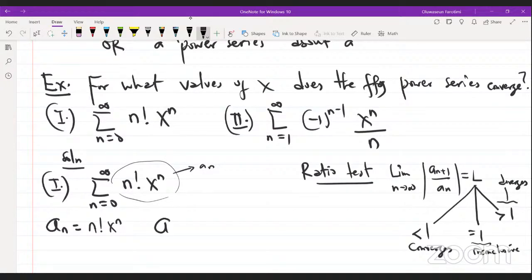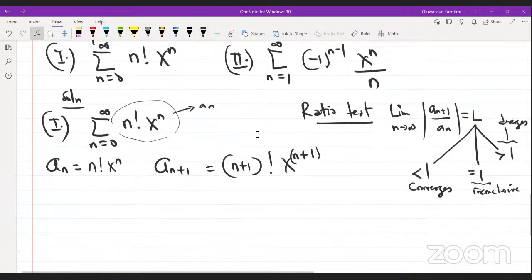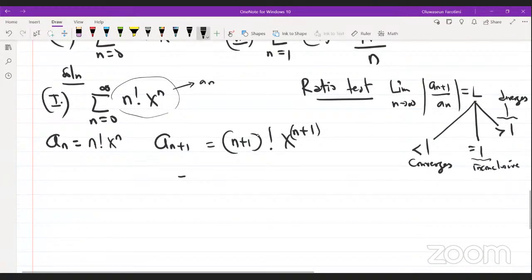What about a sub n plus 1? Because I need it, right? Wherever you have n, plug in n plus 1. So you have n plus 1 factorial, x to the power of n plus 1. It's looking interesting already. Now let's see if we can simplify a sub n plus 1.